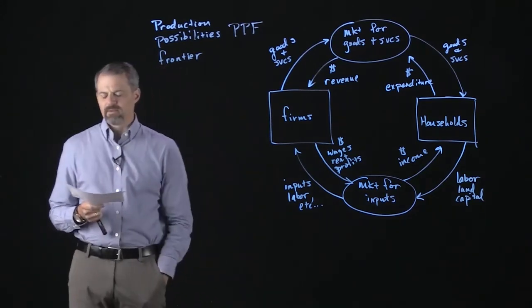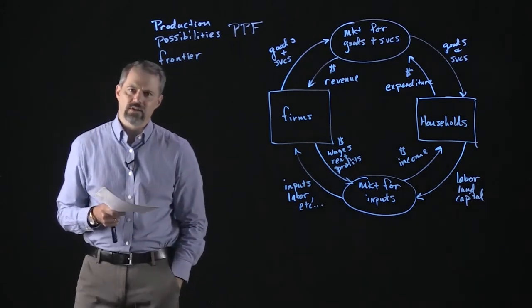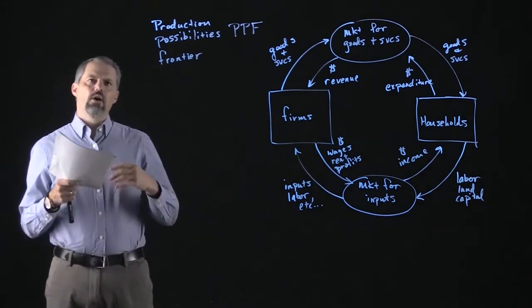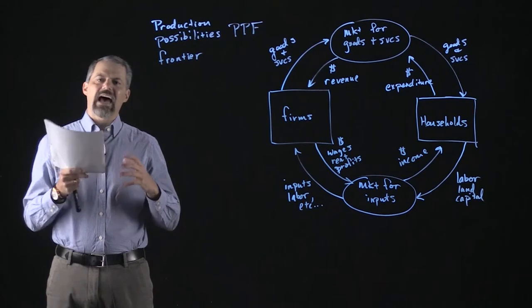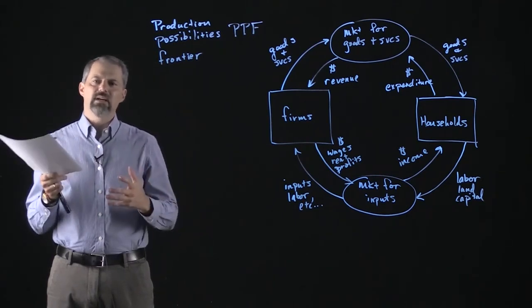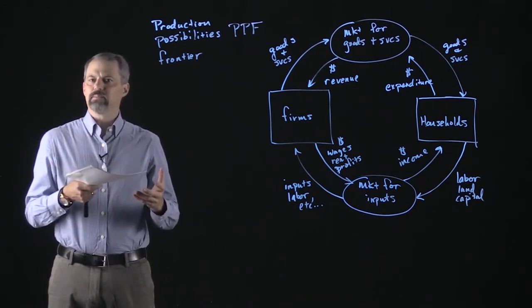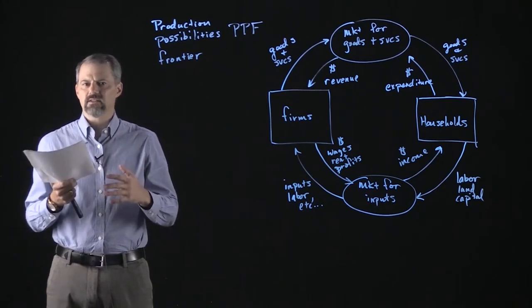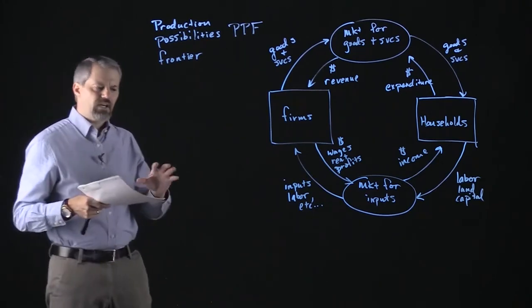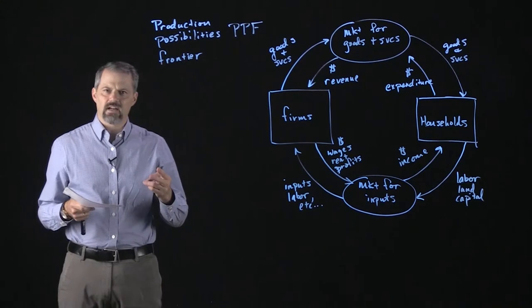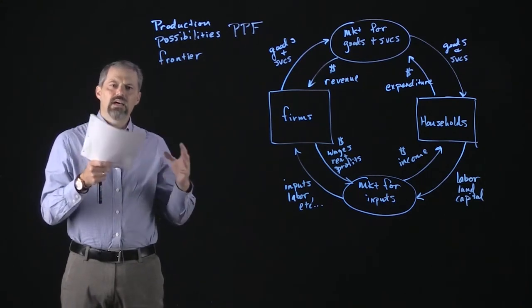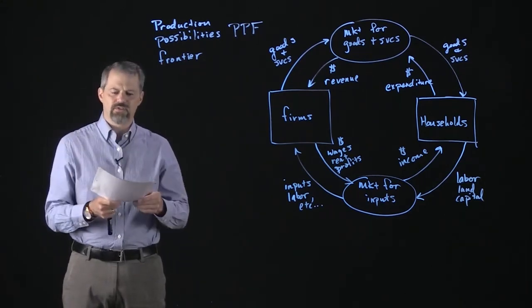What a production possibility frontier shows us is going to be all the possible combinations of output that an economy can produce given its inputs and given its technology. So given what the country has to work with, inputs and technology, the PPF shows what it's capable of producing.